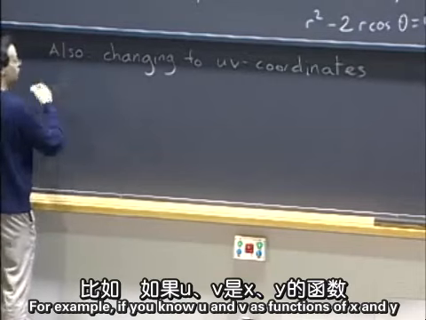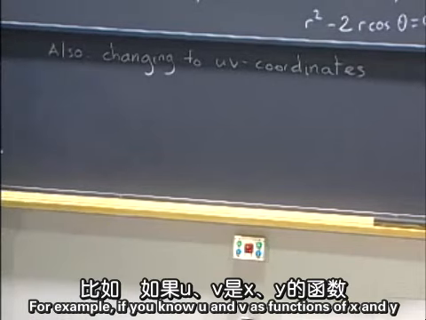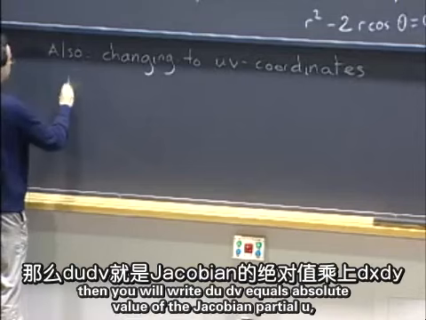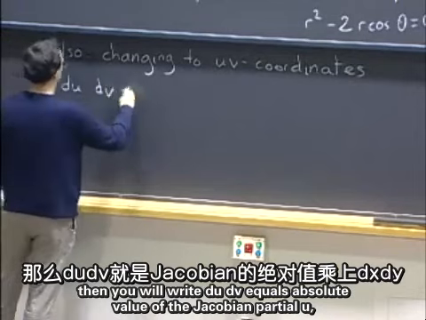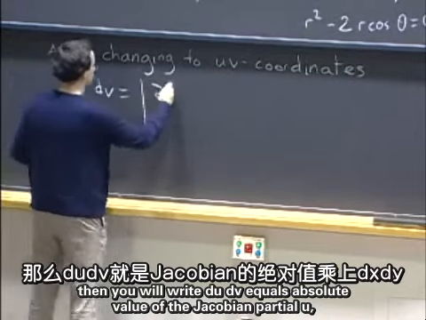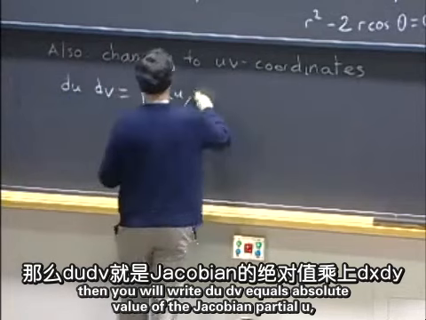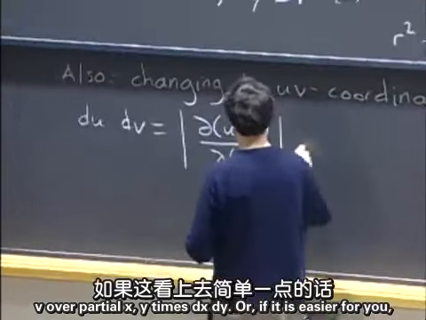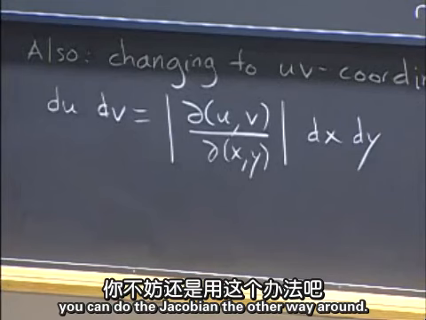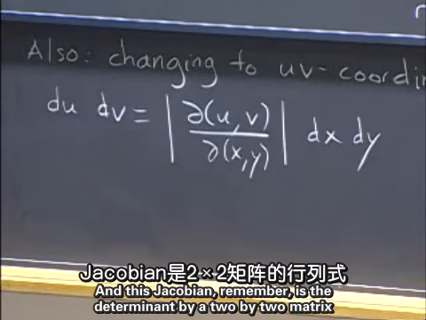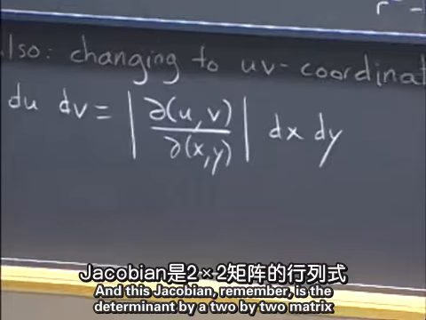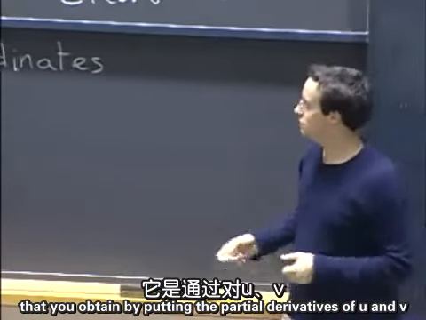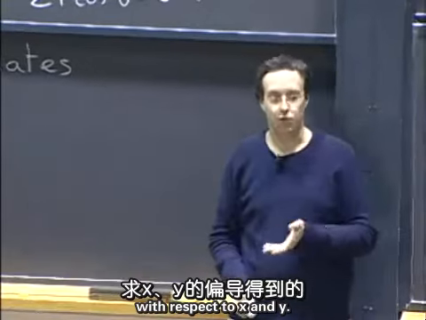So for example, if you know u and v as functions of x and y, then you will write du dv equals absolute value of the Jacobian partial uv over partial xy times dx dy. Or if it's easier for you, you can do the Jacobian the other way around. And this Jacobian, remember, is the determinant of a 2x2 matrix that you obtain by putting the partial derivatives of u and v with respect to x and y.